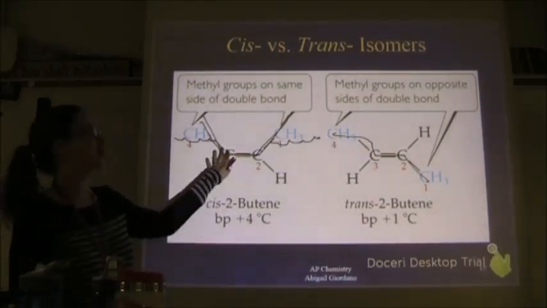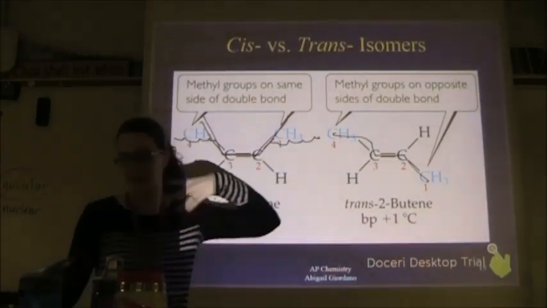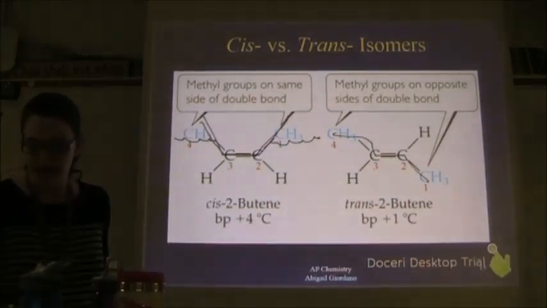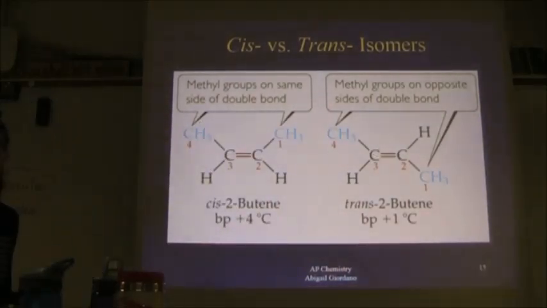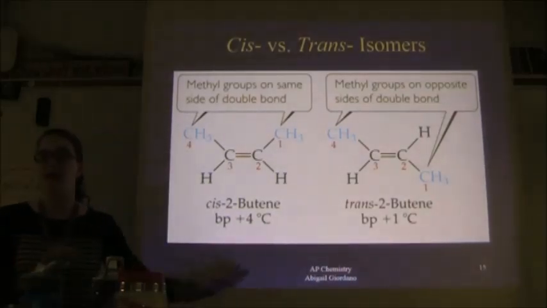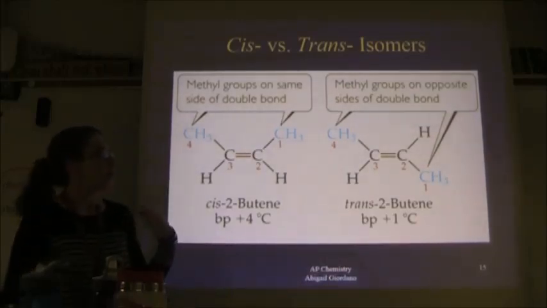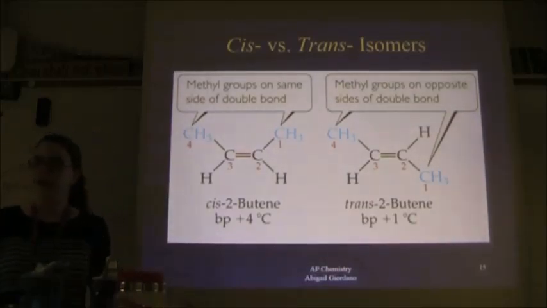So those of you that go on to take organic, you'll hear a lot about boats and chairs. Now, do you always have to include cis and trans in all alkene names? No, you don't. How do you know when to put that in the name or not?